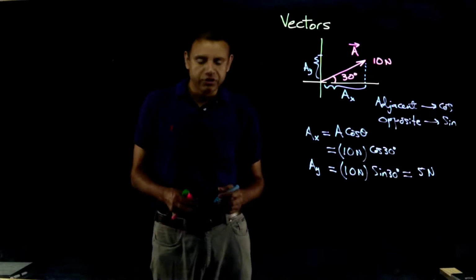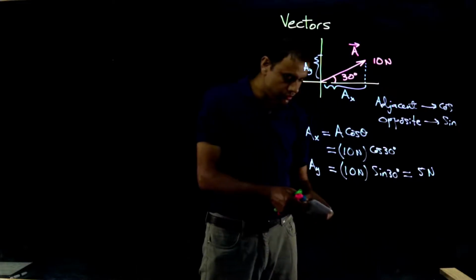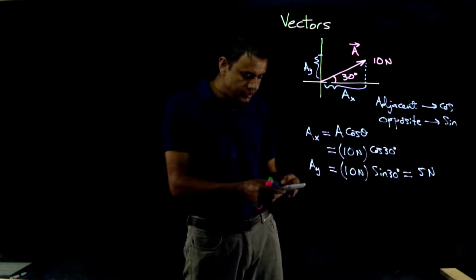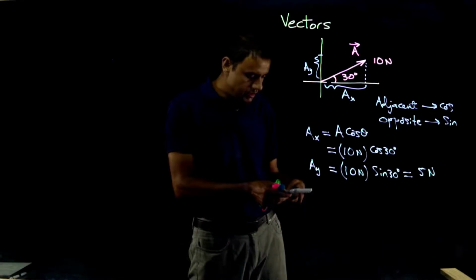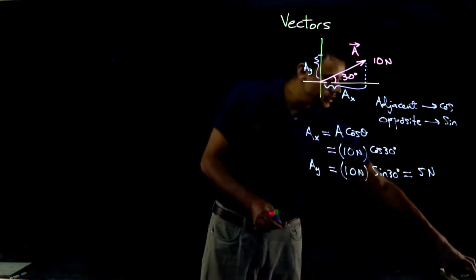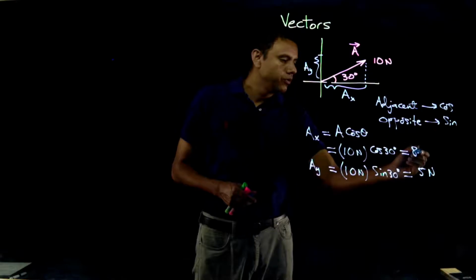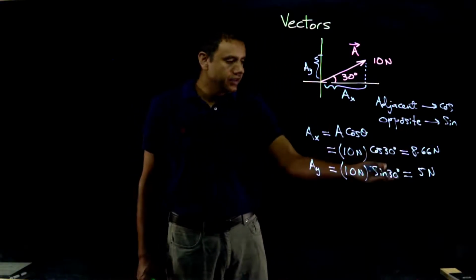Let me quickly calculate cosine 30. Cosine 30 is 0.866, times 10 gives you 8.66 Newton. So let me write that, 8.66 Newton. So I have AX and AY.